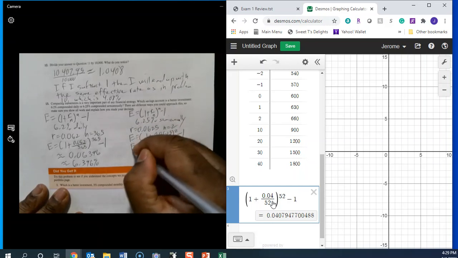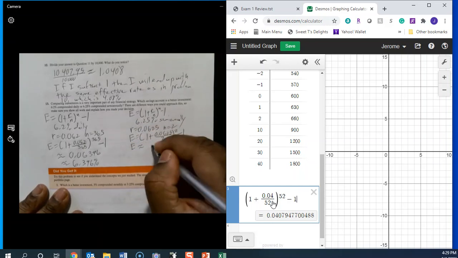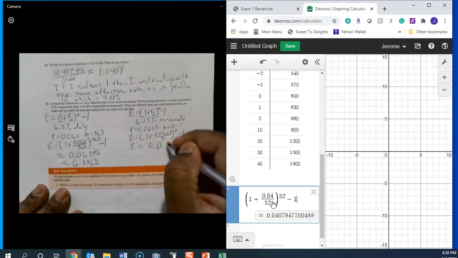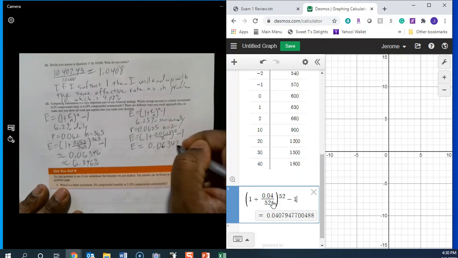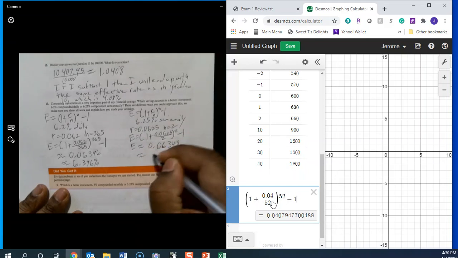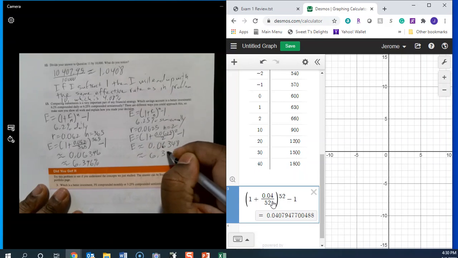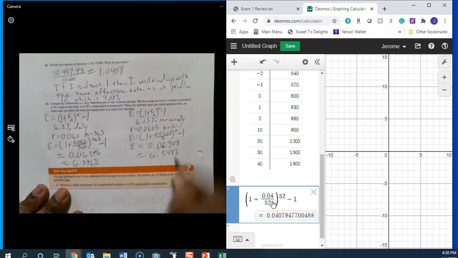Now when you put this in your calculator, it'll give you approximately 0.06348, which would be approximately 6.348%.